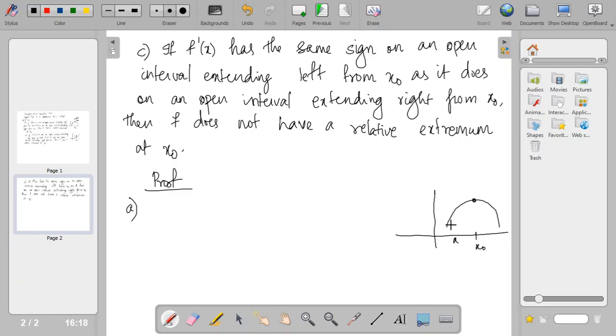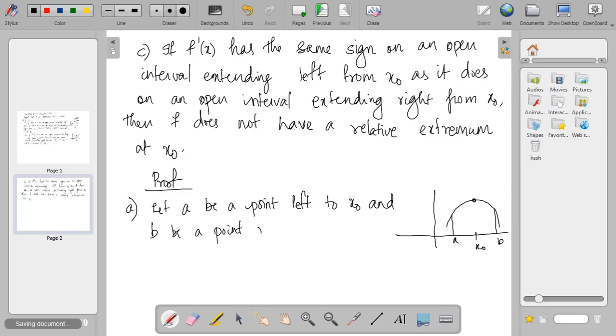Let me take some points A and B. Let A be a point to the left of x0 and B be a point to the right of x0.